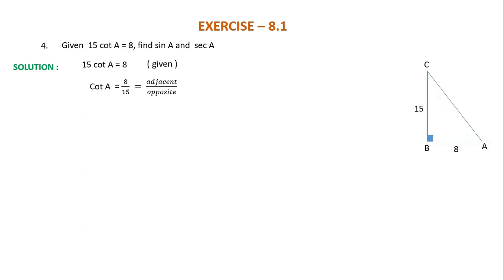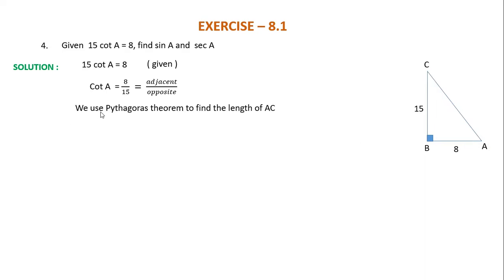So cot A is equal to 8 upon 15. What is cot? Cot is adjacent upon opposite. So that means adjacent is 8, opposite is 15 with respect to angle A. So angle A is here, adjacent is 8, opposite is 15.